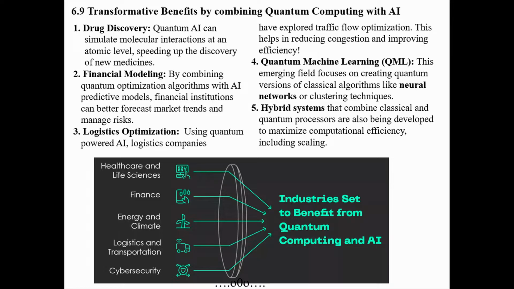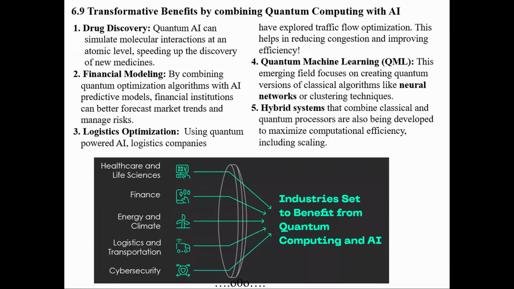Financial modeling, because of its huge capacity of handling a lot of data, it can enhance the power of AI. And logistic optimization, using this quantum powered AI, logistic companies have explored traffic flow optimization. This helps in reducing congestion and improving efficiency.